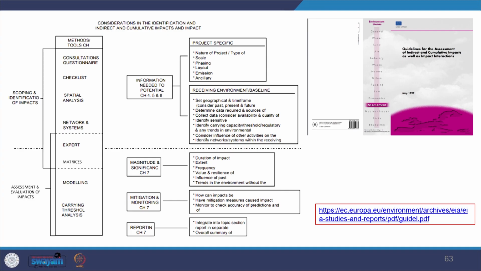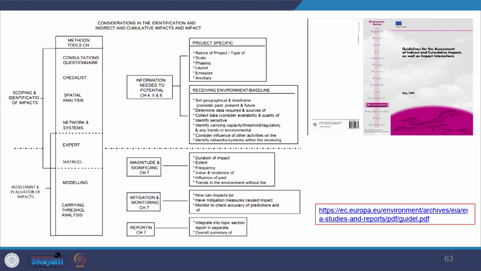And then for this, what kind of information you need is duration of impact, extent, frequency, value and resilience, influence of the past, trends in the environment, and how can impact be handled, and what kind of mitigations have to be taken, and how you're going to report it.